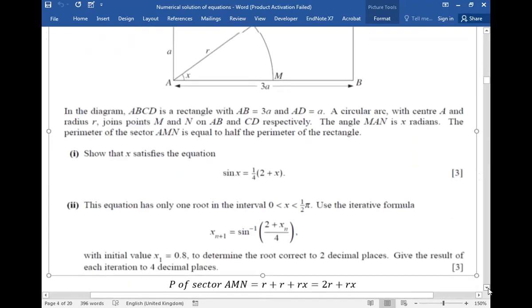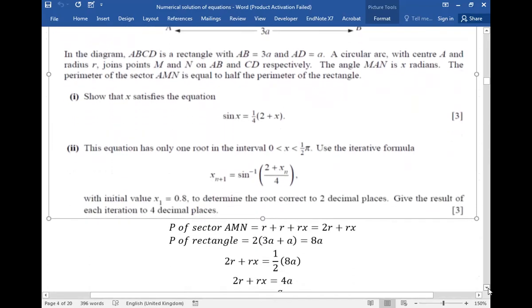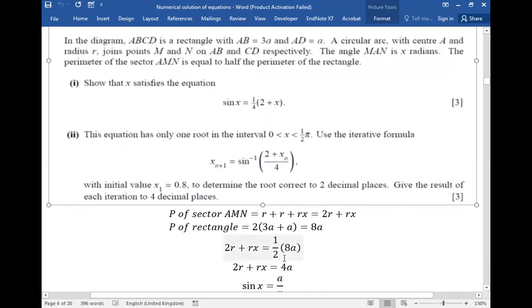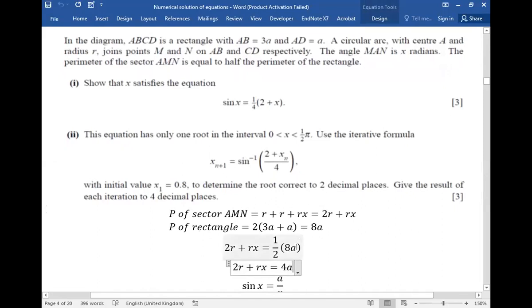So we can say that the perimeter of the rectangle is 8a. Half of that is 4a. And the perimeter of sector AMN is r plus r plus rx, which is 2r plus rx. Is this right?